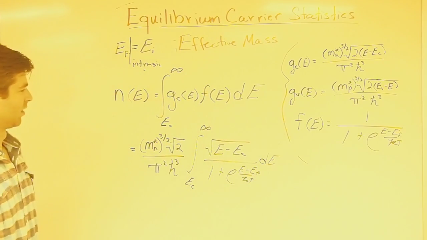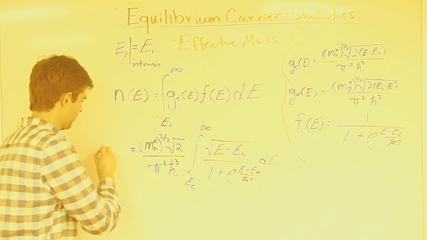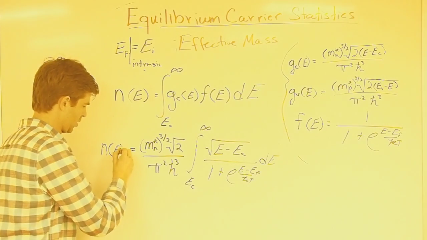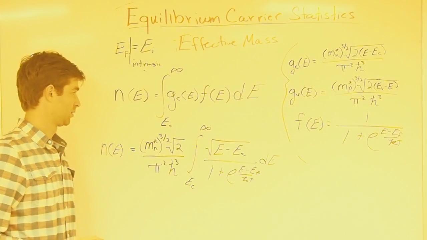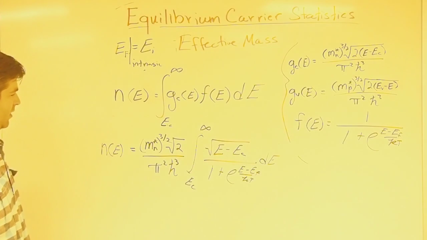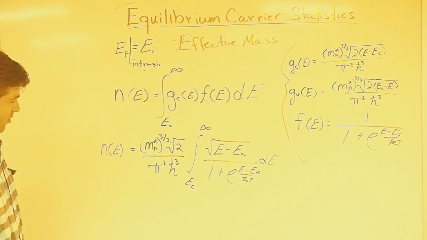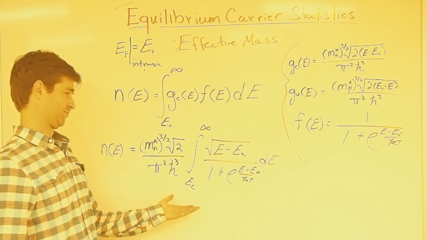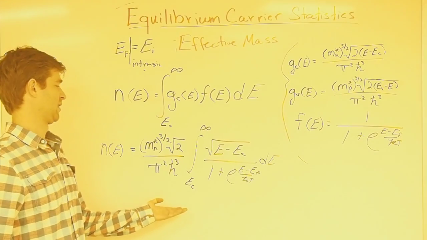That is what we have. This is our total number of carriers per centimeter cubed in the entire conduction band. This is not an easy integral to solve.